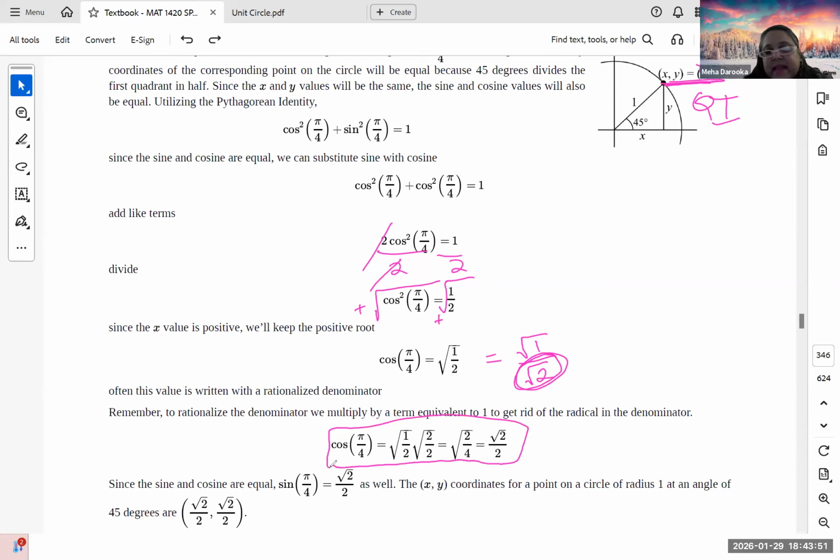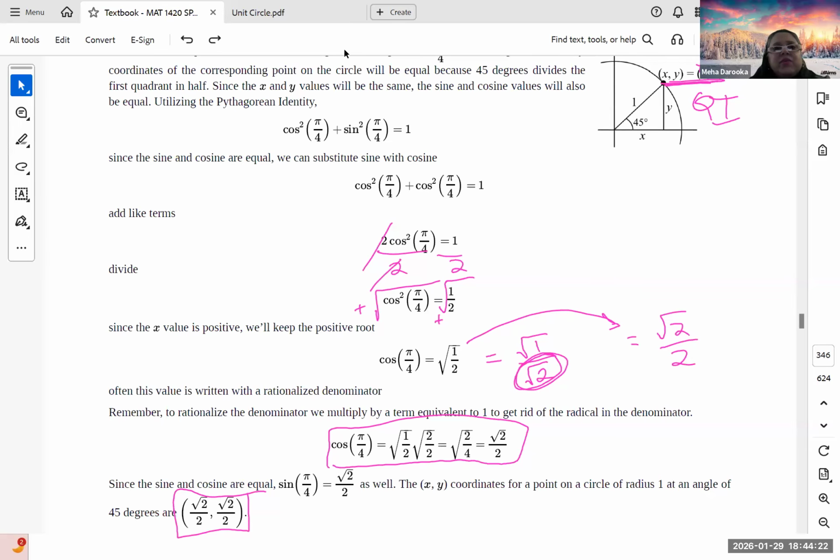You will end up with this being equal to square root of 2 over 2. This tells us that at a 45-degree angle, the value of both sine and cosine is square root of 2 over 2, which in turn means for both x and y. So you will see that they all have the same value.